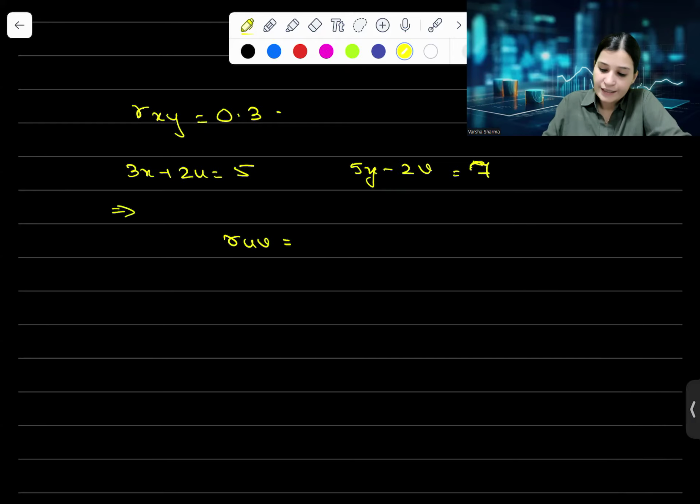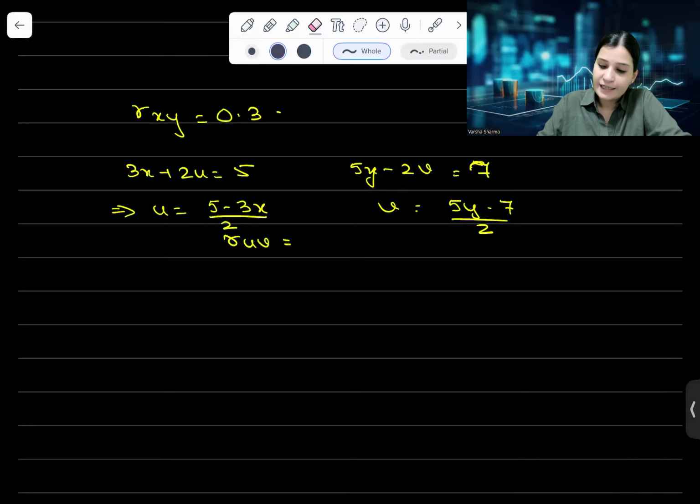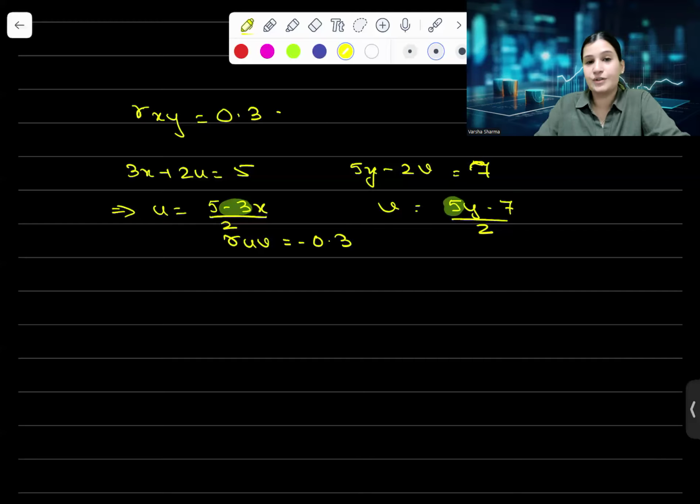If you isolate u, it is (5 minus 3x) by 2. If I isolate v, it is (5y minus 7) by 2. Here x is multiplied by a negative number, and here y is multiplied by a positive number. So the sign of r will change and it will become minus 0.3.